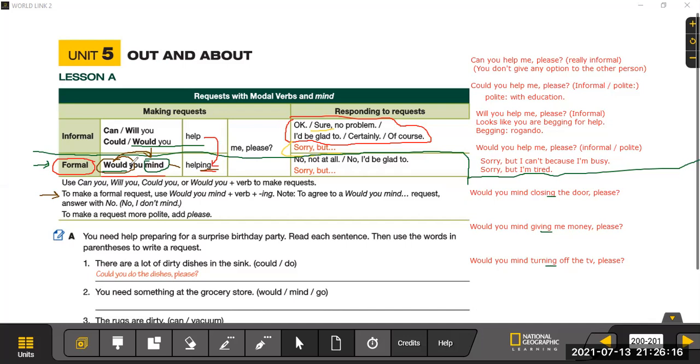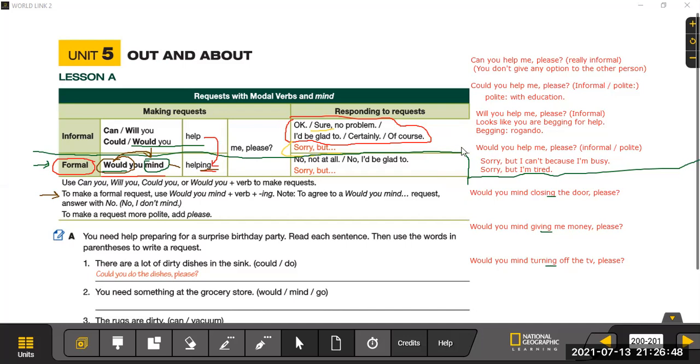Would you mind helping me? It is like making a difference between who you are talking to. If you say, could you help me? Maybe you are talking to your friend, maybe you are talking to somebody that is close to you. But if you use would you mind, maybe you are talking to your boss, to the director of the school, to the principal of the school.